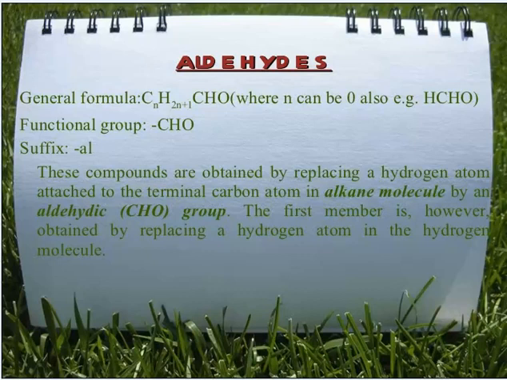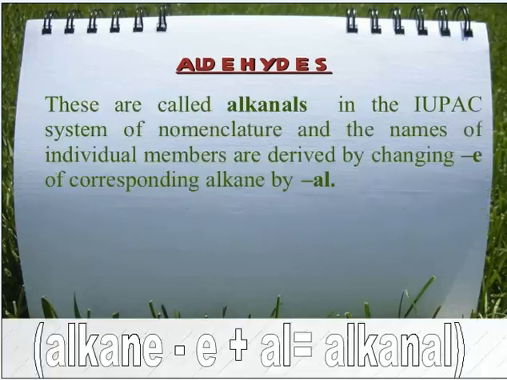The first member is, however, obtained by replacing a hydrogen atom in the hydrogen molecule. These are called alkanals in the IUPAC system of nomenclature, and the names of individual members are derived by changing E of the corresponding alkane to AL.